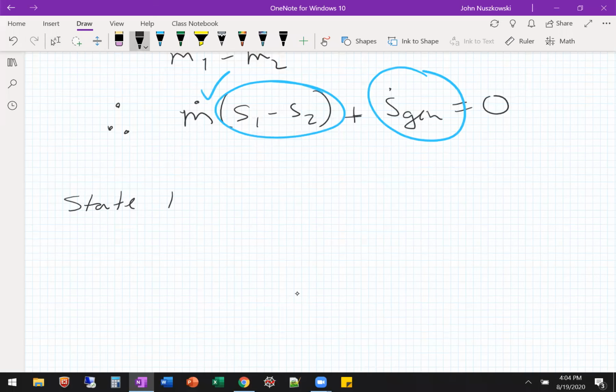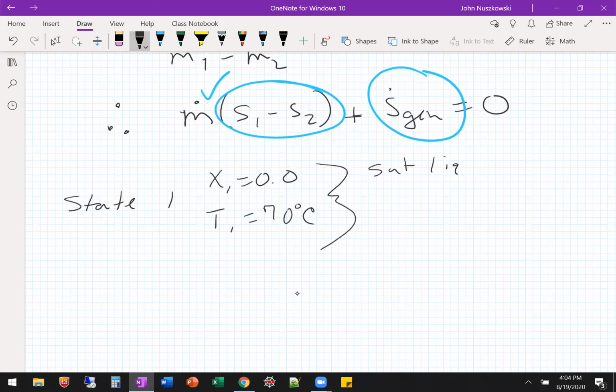State 1, we have a quality of 0 and a temperature of 70 degrees. So our state is fixed. It's saturated liquid.